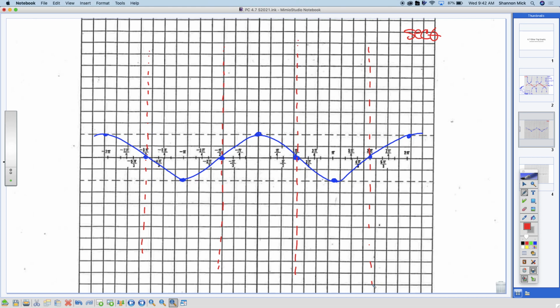Just draw a line and then erase little marks. I think it's easier to do dotted than solid. How many do I have on this one? I only have 4 because I cut it between negative 2 pi and 2 pi. Do these continue forever? Yeah.